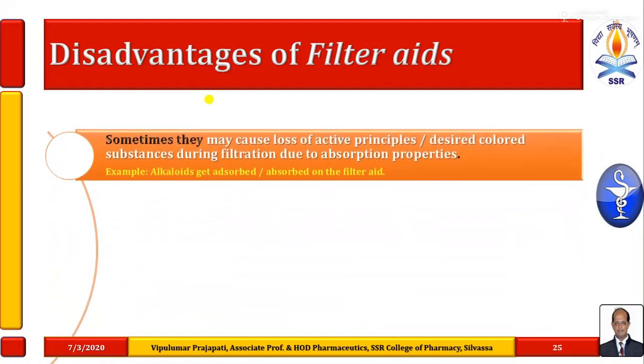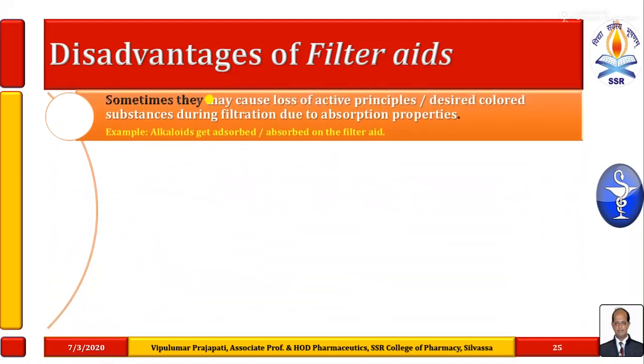Sometimes they may cause loss of active principles or desired colored substances during filtration due to their absorption properties. Some filter aids might absorb desired active chemical constituents or desired colored substances during filtration of such slurry. For example, some alkaloids get adsorbed or absorbed on the filter aid, hence they are not available in the required percentage proportion in the end product.